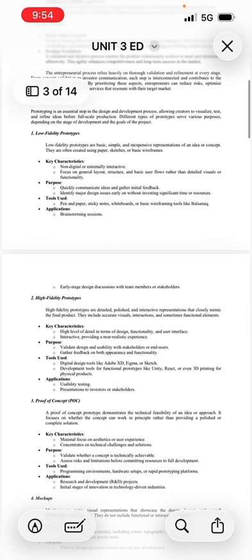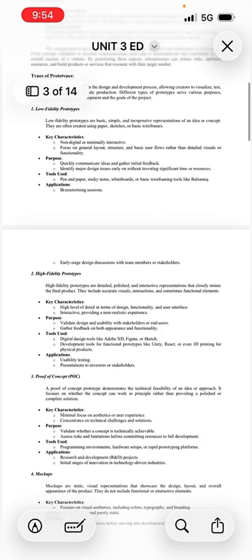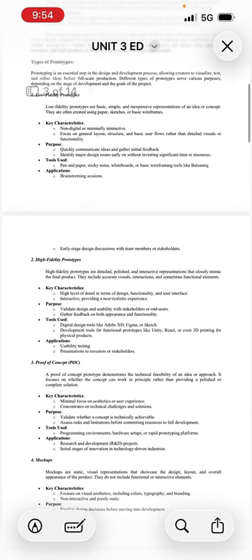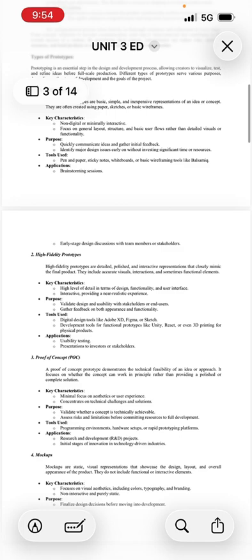And next is proof of concept. A proof of concept prototype demonstrates the technical feasibility of an idea or approach. It focuses on whether the concept can work in principle rather than providing a polished or complete solution. The key characteristics of a proof of concept are minimal focus on aesthetics or user experience, and concentration on the technical challenge and solution.